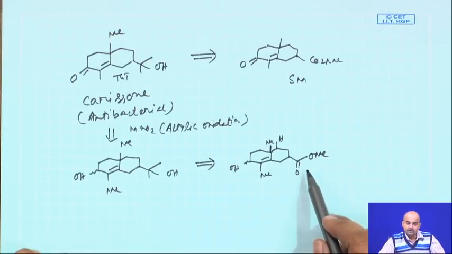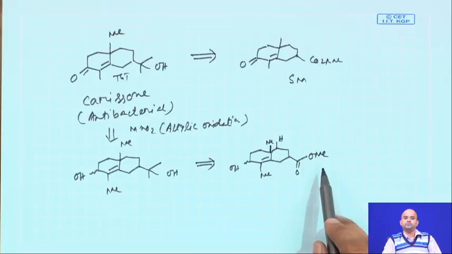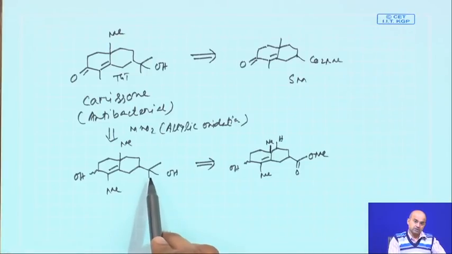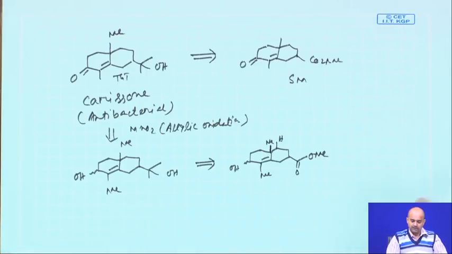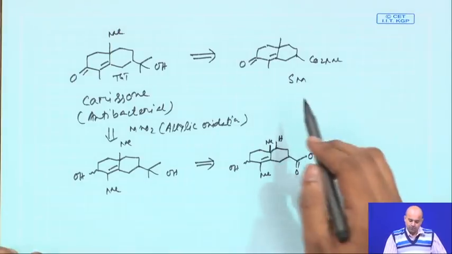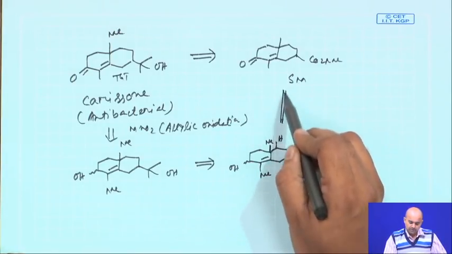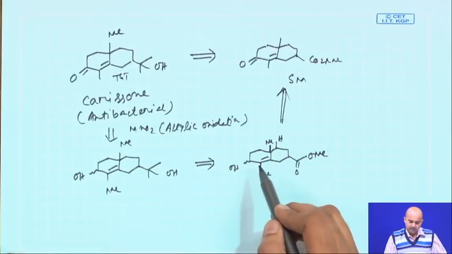Now, with esters, if you use excess methyl magnesium iodide, which I have already talked to you about, you basically get a tertiary alcohol, that is fine. So, now you have reached the starting material. How can this starting material be converted to this allylic alcohol?